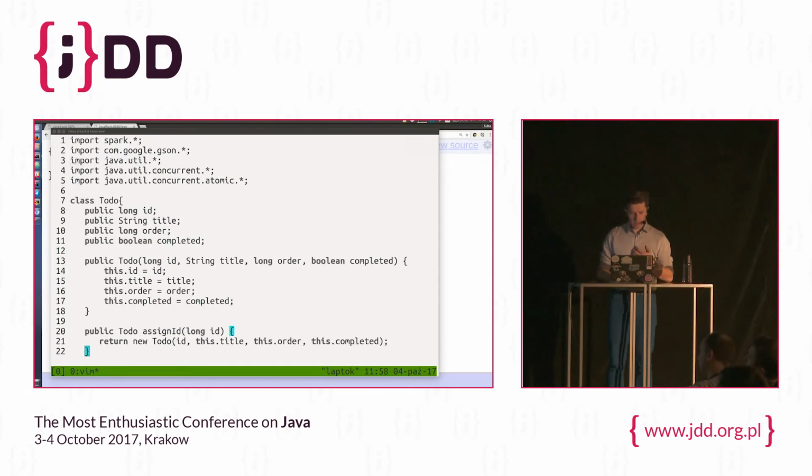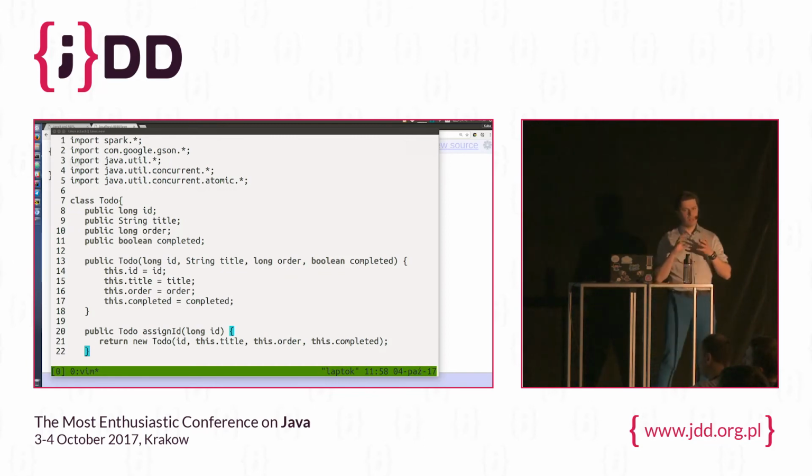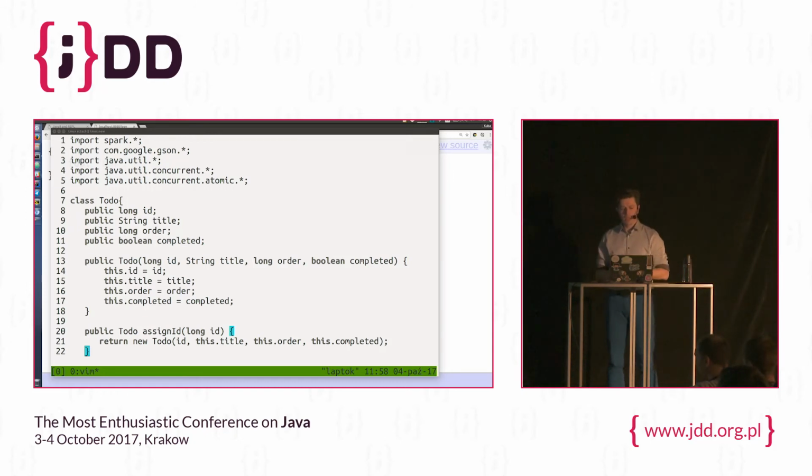And it's a way I've always been working with this kind of libraries: building a very small public class with a public static main method that runs my code. So I have a to-do application. To-do has 4 properties, as you can see.